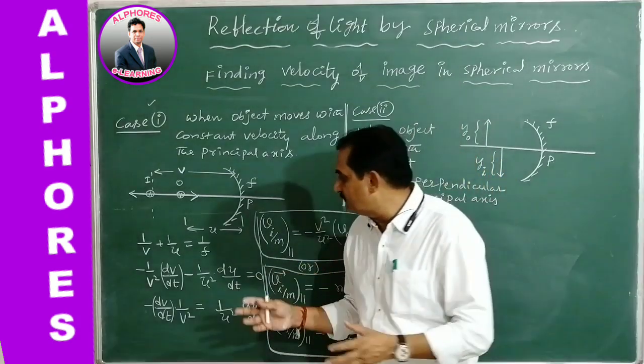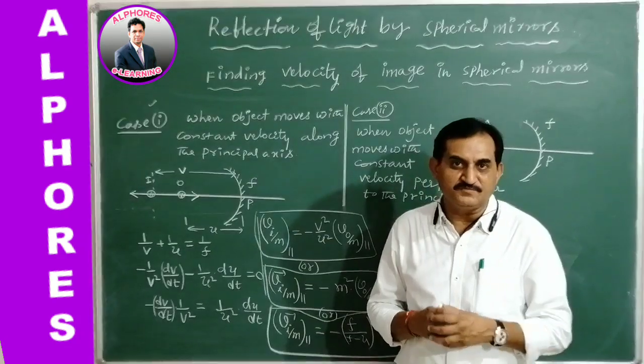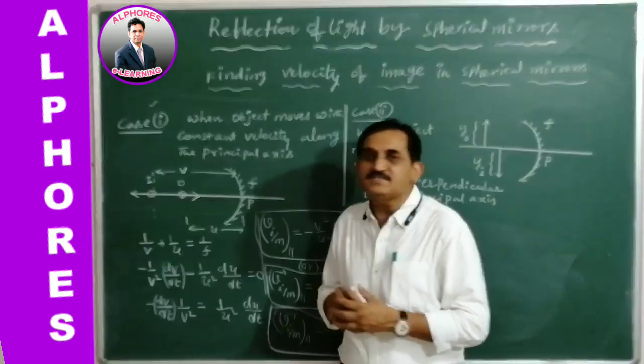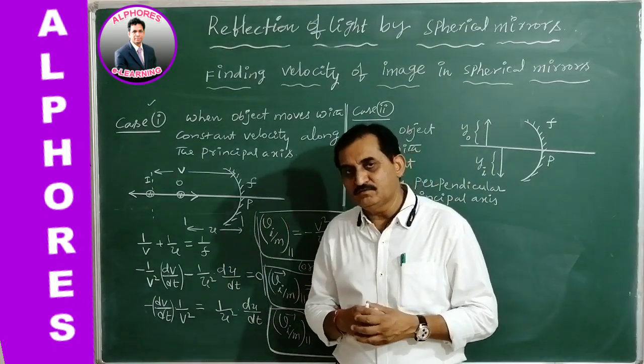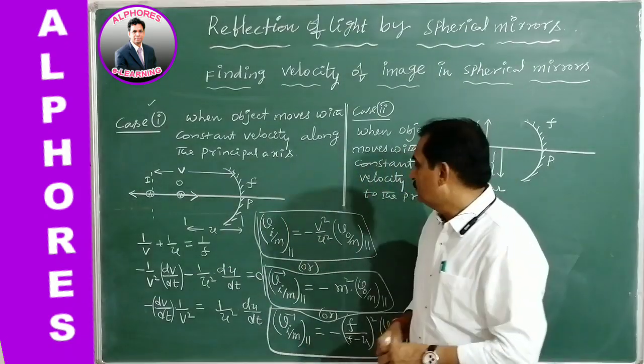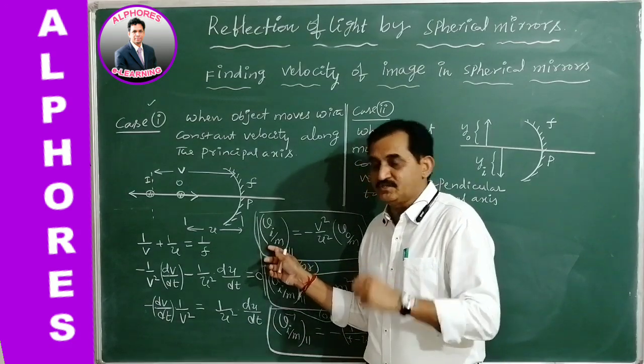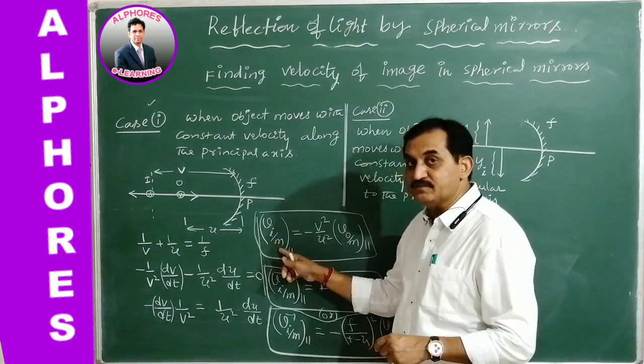Therefore, the corresponding velocities after differentiation are also indirectly with respect to the mirror. Therefore, we strictly mention velocity of image with respect to mirror.